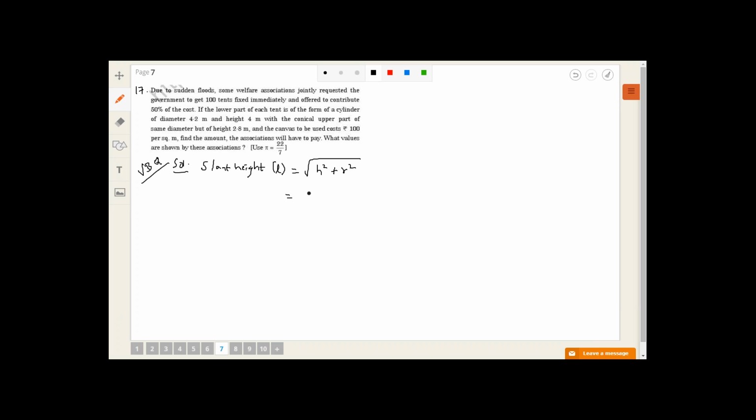That is equal to 2.8 square, the height of the cone, plus the radius, which is diameter by 2, that is 2.1. If we calculate, this amounts to 3.5 meters.